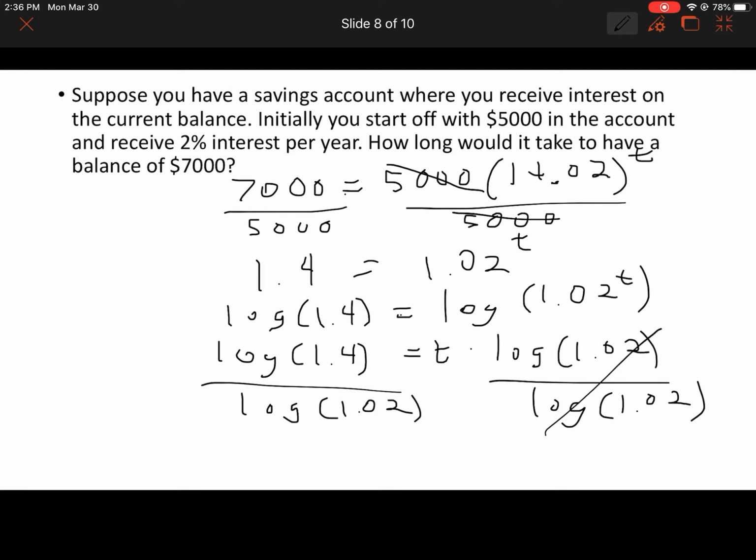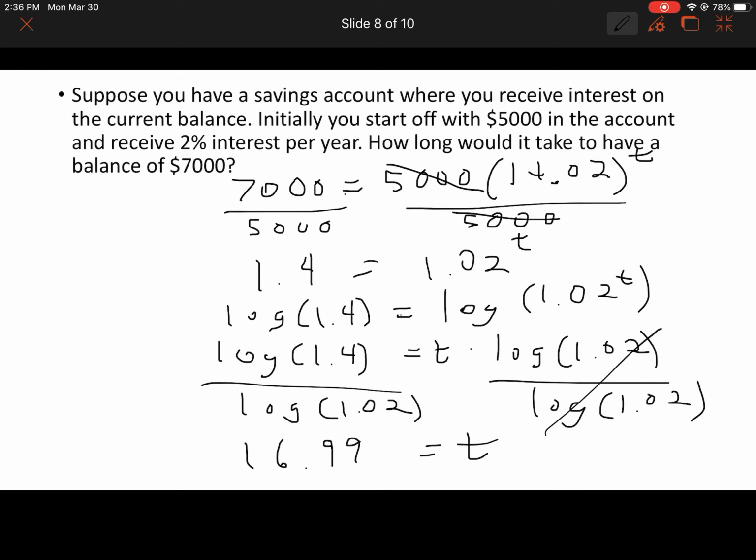Sorry, I'm messing around with my calculator. Once you divide them, you actually get 16.99 equals t, meaning that it would take you almost 17 years to get $7,000 with that interest rate.